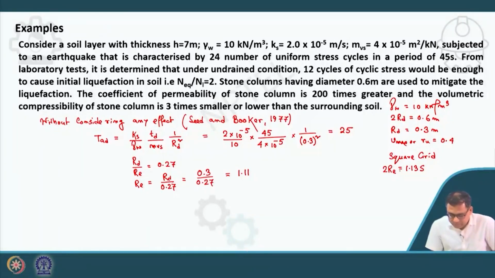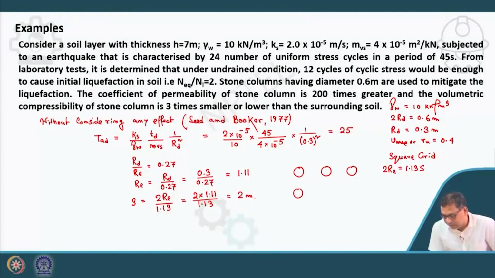So from here now I have the RE, so the S value will be equal to 2RE divided by 1.13. So this is 2 into 1.11 divided by 1.13, so that will be 2 meter. So for the spacing of the column for the square grid, if I don't consider any effect, then this should be 2 meter.